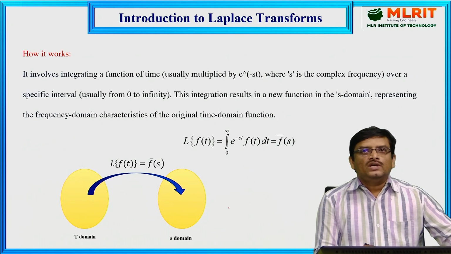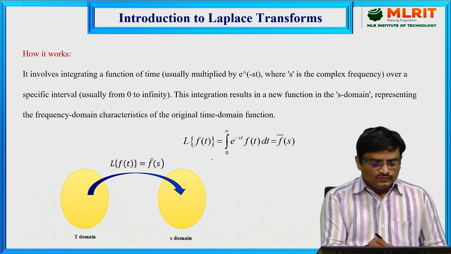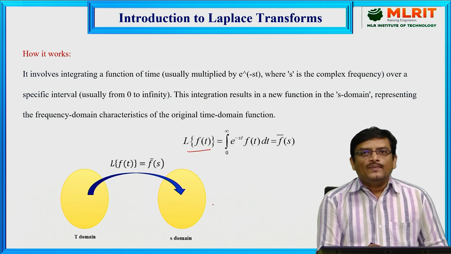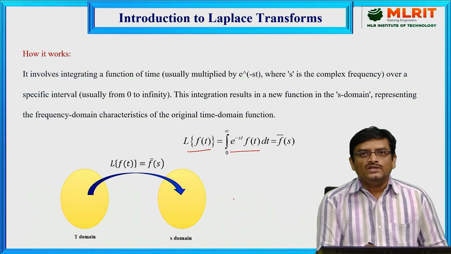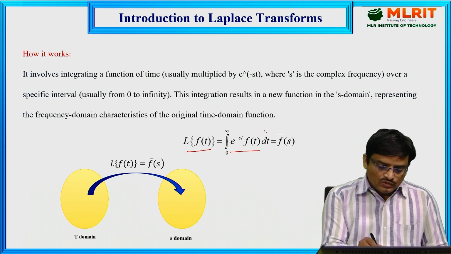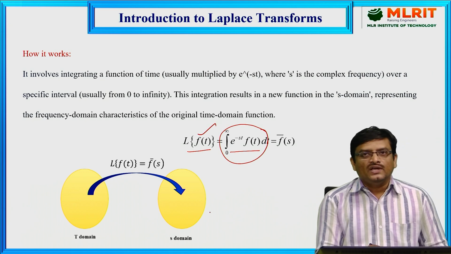So now we will see how this Laplace transform works. Already we said that Laplace transform is an integral transform. This is the integration we have to use: integral 0 to infinity e power minus st into f of t dt. By using this integral, we are converting the function f of t into the function in terms of s.